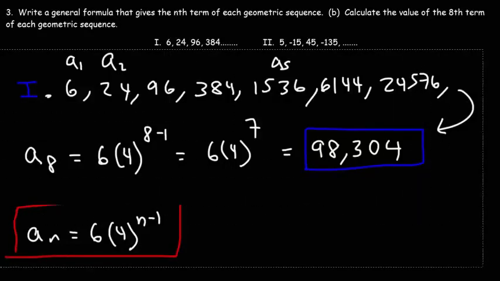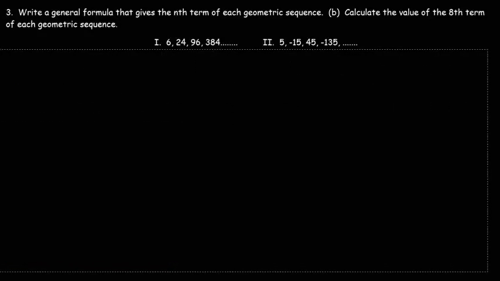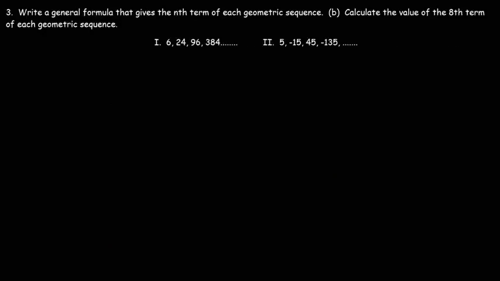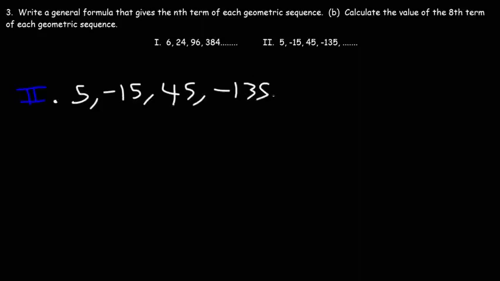Now let's move on to number 2. So we have the sequence 5, negative 15, 45, negative 135, and so forth. So the first term is 5.